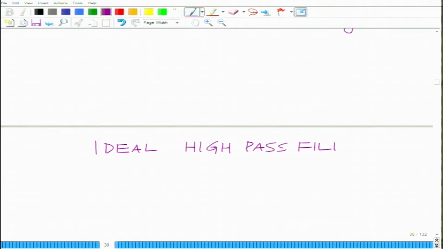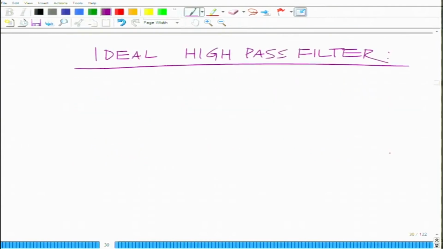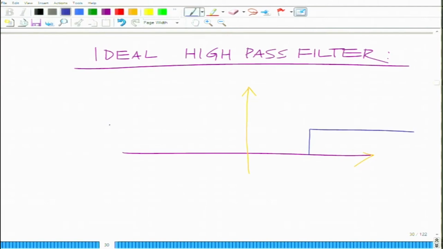As the name implies, it is the exact opposite of a low pass filter. Instead of blocking frequencies greater than a cutoff frequency omega c, you allow the frequencies greater than a cutoff frequency omega c to pass.